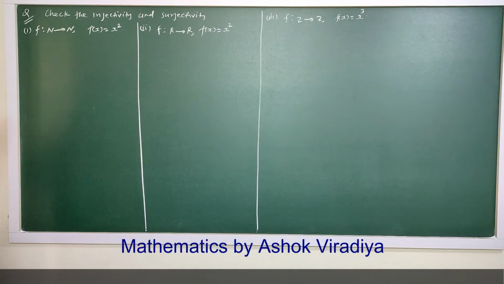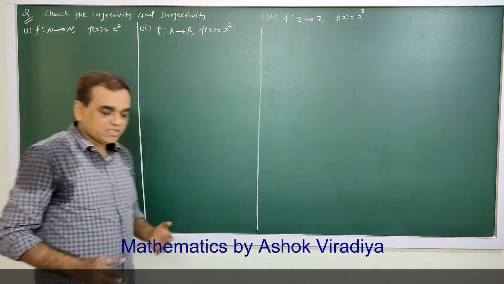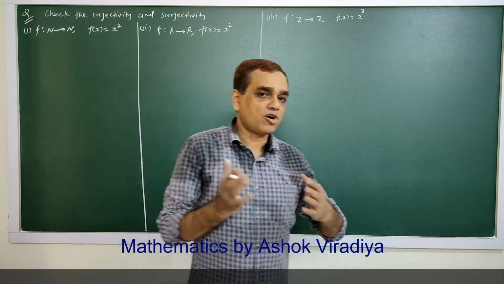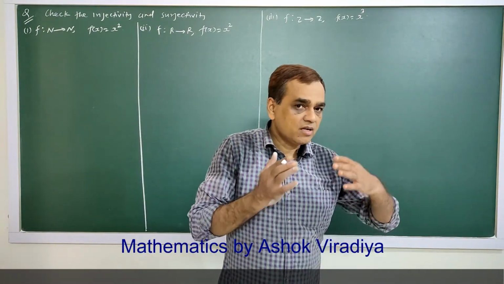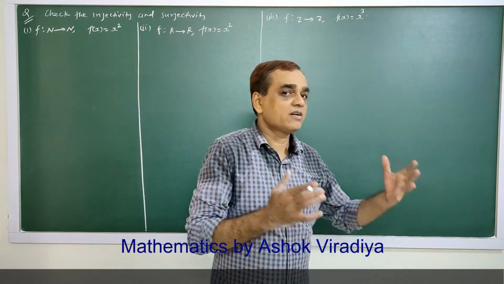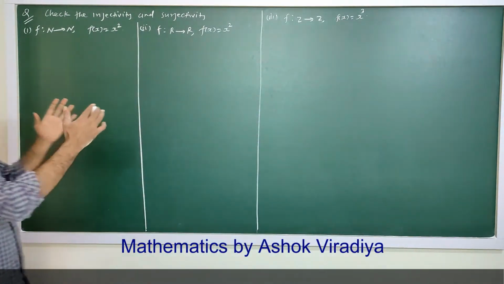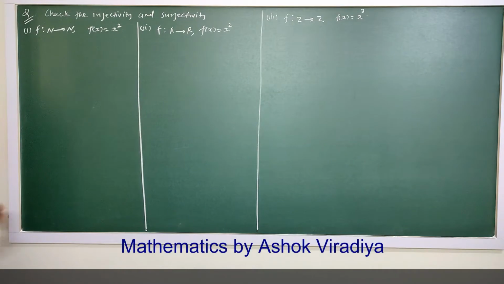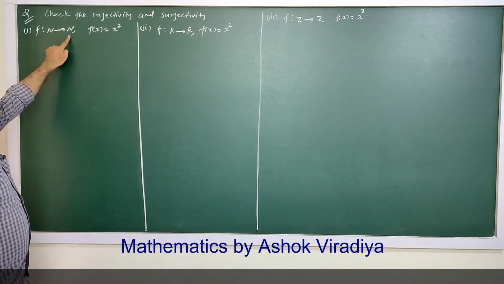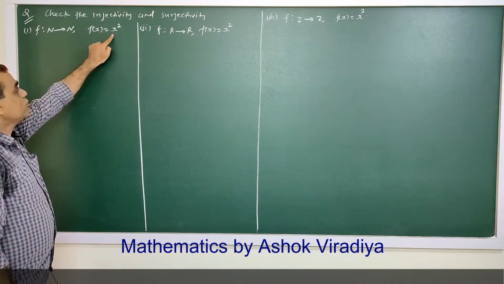Now to check the injectivity and the surjectivity, that is, whether the given functions are one-one or not, onto or not, that we are asked to check in these questions. So here the function is from N to N, f of x is equal to x square.